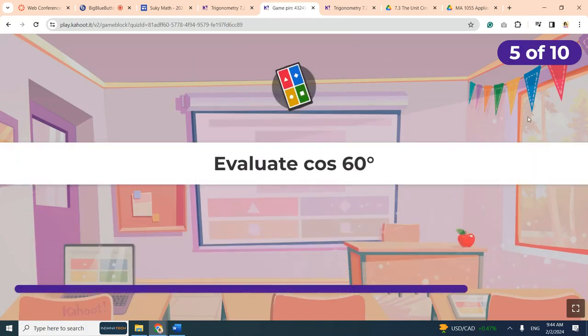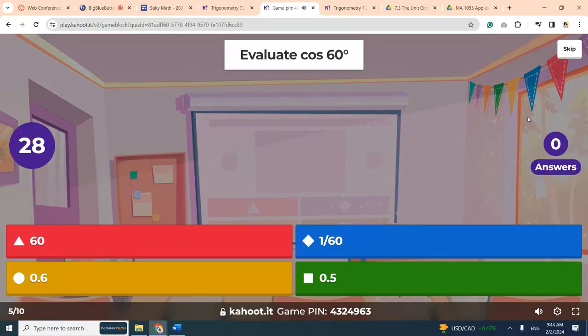Evaluate cosine 60 degrees. Draw the triangle. Remember the triangle?